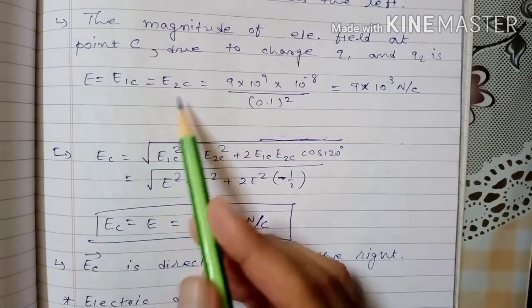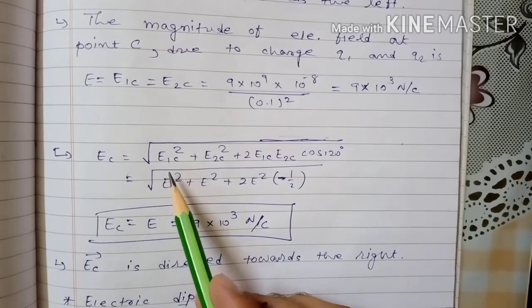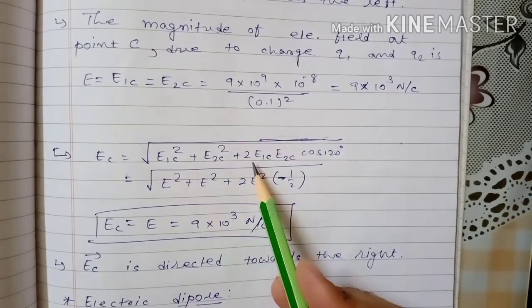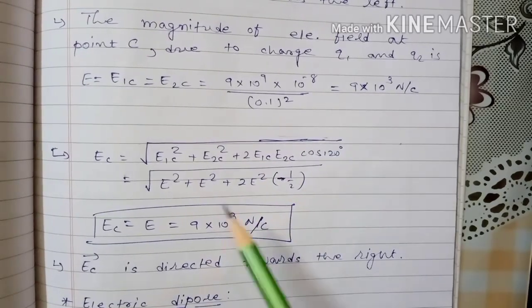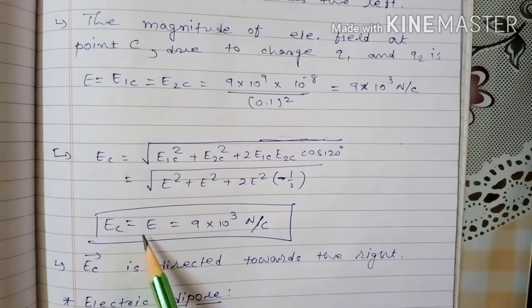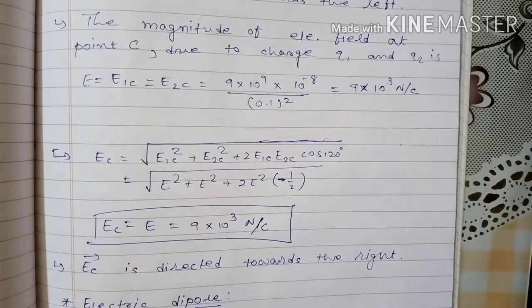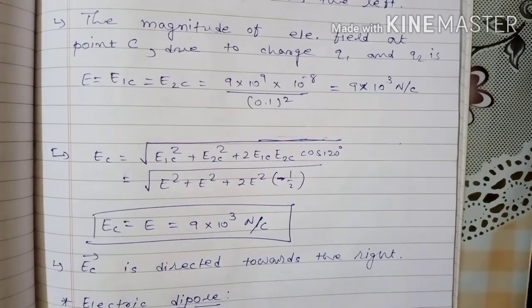E1C is E and E2C is E, so instead of E1C we can write E. E square plus E square plus 2 E into E into minus 1 by 2. The 2 will get cancelled. Finally we get EC equal to E. But what is E? 9 into 10 raised to 3 Newton per Coulomb. So the net electric field at point C is 9 into 10 raised to 3 Newton per Coulomb.